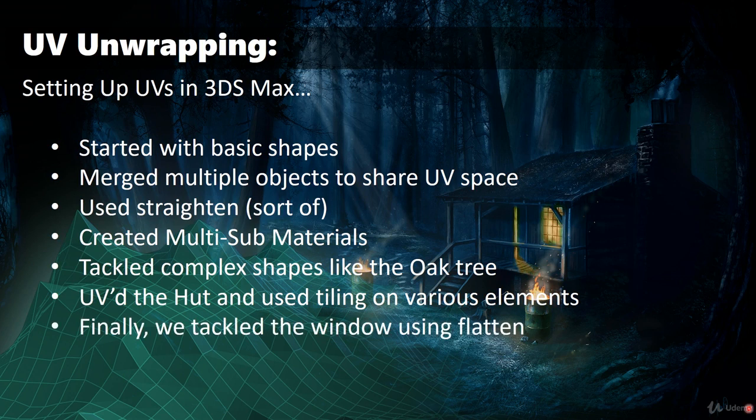And then we tackled the window and we flattened all the UVs, and that's quite useful for really small detailed objects that are quite fiddly basically. I mean, you could actually go in and do that manually on that window, but I was just showing you another function. If you wanted to use it in a different circumstance, you can use flatten.